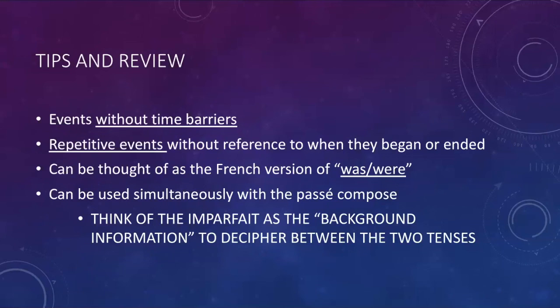So anything that does not advance the plot and that only gives background information is most likely going to be imparfait. And the sentences that advance the plot and are more of the action sentences will use the passé composé.